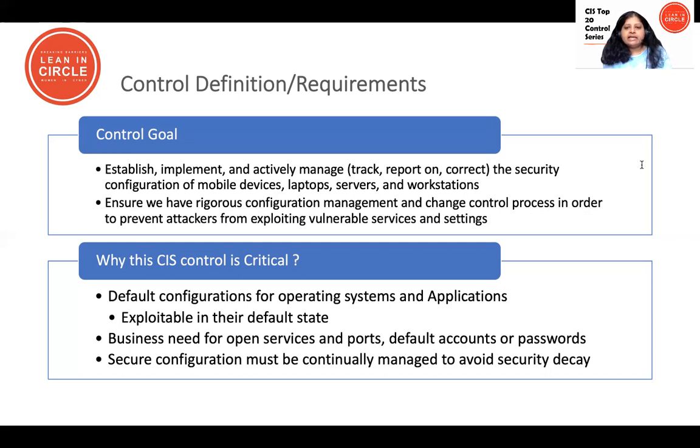It's very likely that an organization is using some kind of security configuration unless they run 100% out of the box. The control is broken down into 5 subcontrols, which describe the entire process of managing the security configuration. Of course, we will go through them in the subsequent slides.